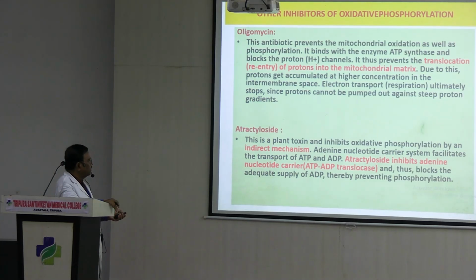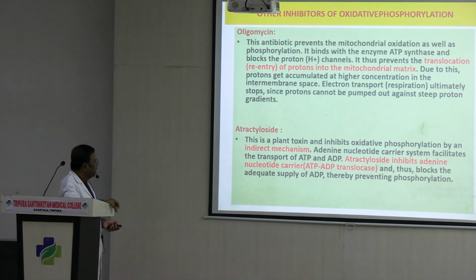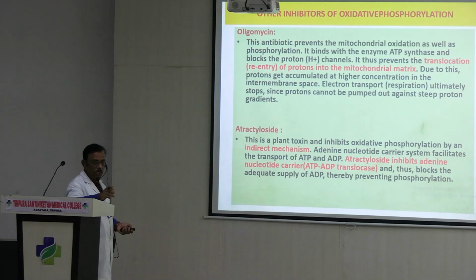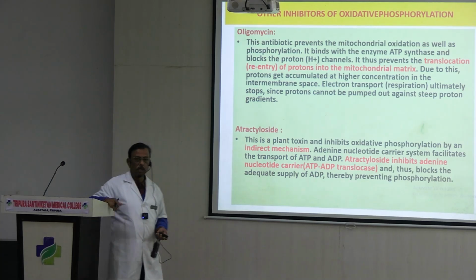This is a plant toxin that inhibits oxidative phosphorylation by an indirect mechanism. The adenine nucleotide carrier system facilitates the transport of ATP and ADP, that is the ADP-ATP translocase, and thus blocks the adequate supply of ADP, thereby preventing phosphorylation.